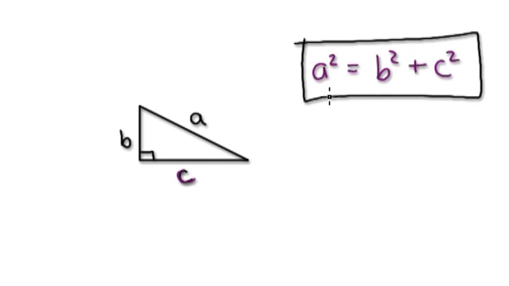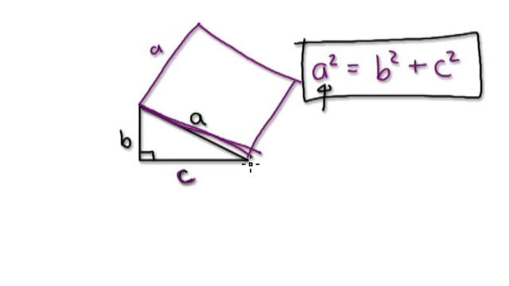So here, if this length here is a, then this must also be a. So when you square it, it actually forms a square. So this area here is a squared.